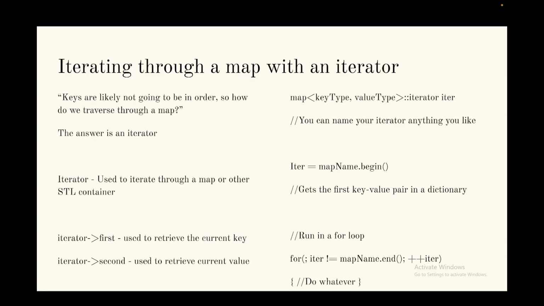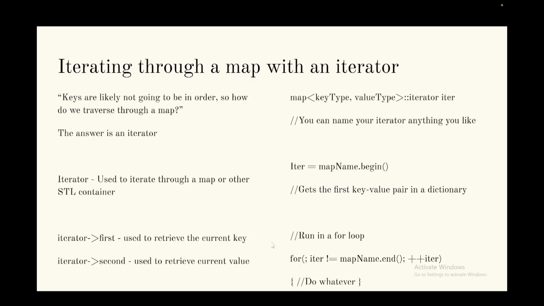An iterator, as the name suggests, is used to iterate through a map or another container. The first is used to retrieve the key of the iterator, and the second is used to retrieve the value of the iterator.